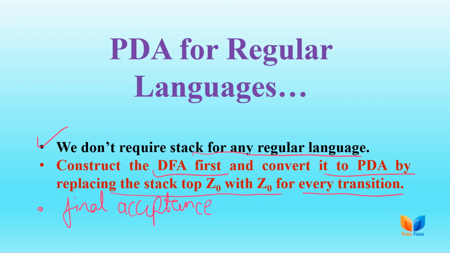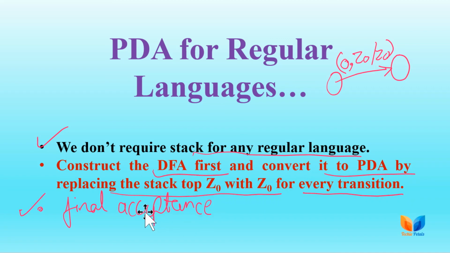So we just need to replace Z0 by Z0 for every transition from a state to another state. If we have this transition for the DFA, for the PDA we replace Z0 with Z0 and the rest of the transitions are the same as the DFA, nothing is going to change.